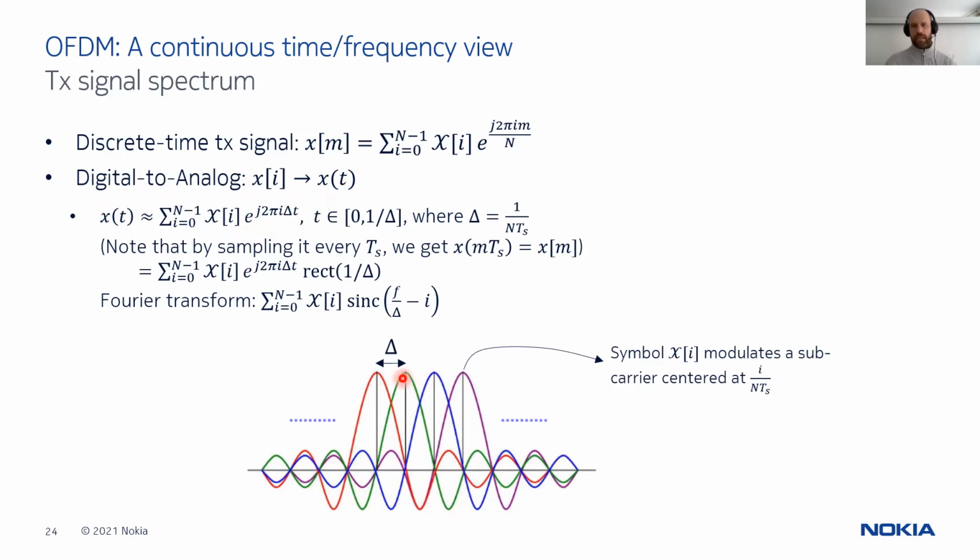So what you end up having is a symbol x_i that modulates what is called a subcarrier, at a frequency that is proportional to i, the coordinate of the symbol that you're transmitting.